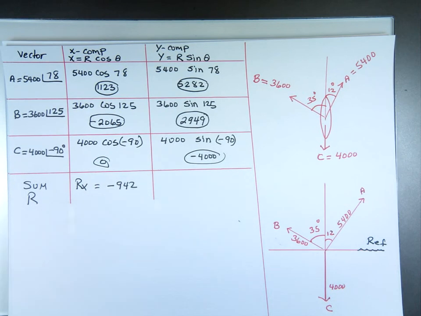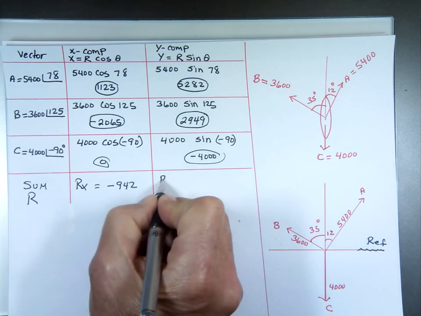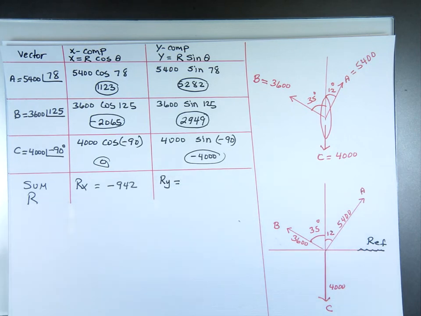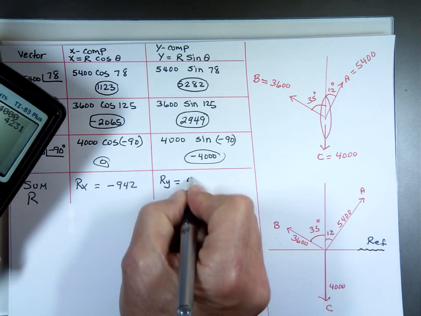And the value in the y direction, 5282 plus 2949 minus the 4,000, 4231.